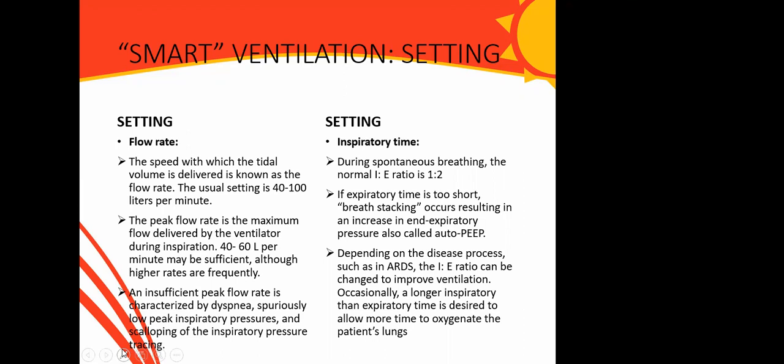All right, inspiratory time normally, the I:E ratio, inspiration to expiratory time, is between 1 to 2. Don't forget that if the expiratory time is too short, you have breath stacking because you don't have enough time for the expired air to leave the lungs.